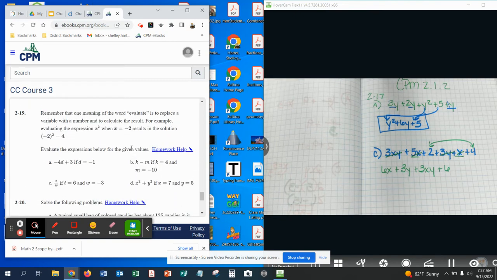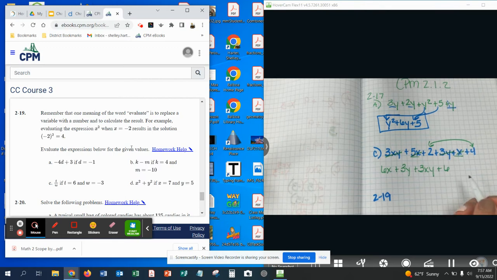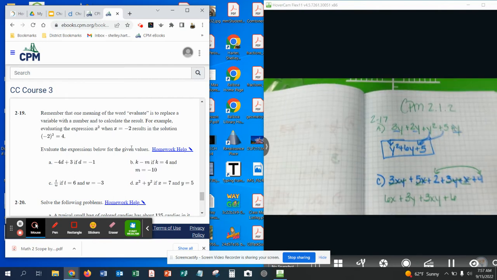219. This is where you're going to use the word evaluate. You're actually going to plug in. They're going to give you what the variable is. If you look at A, you've got negative 4D plus 3, and they gave you D equals negative 1.